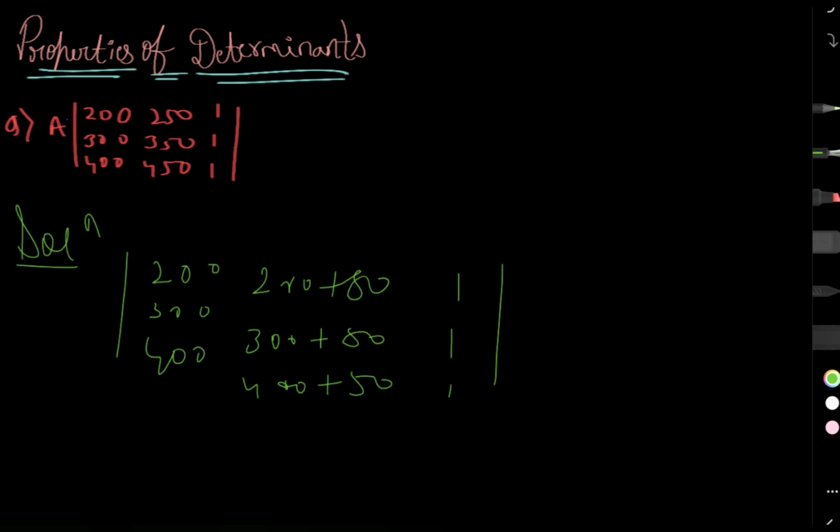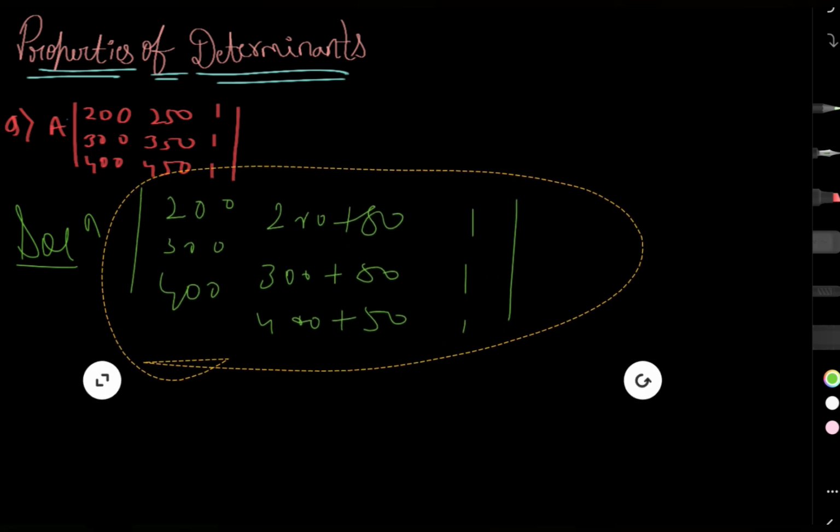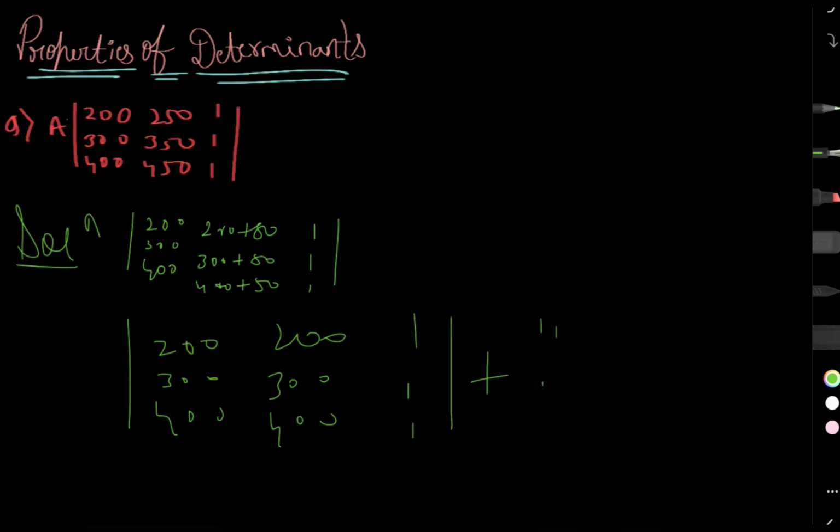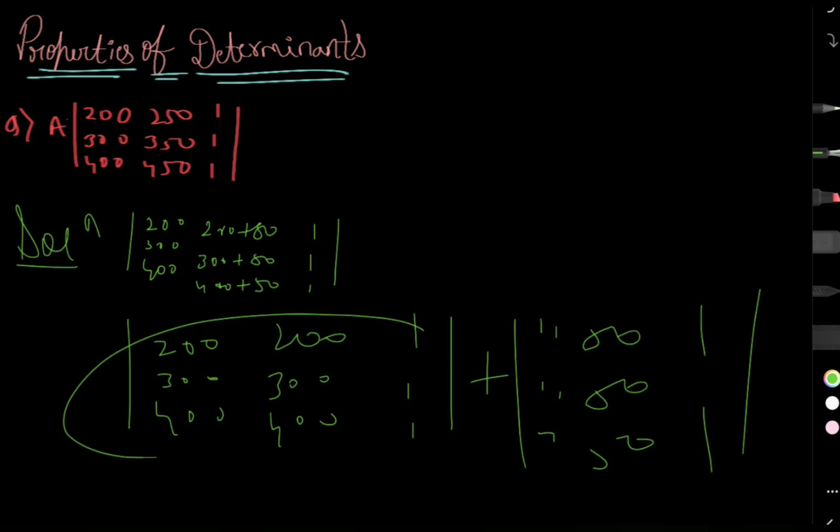Now by applying the property we have just studied, I can write it as 200, 300, 400, 200, 300, 400, 111, plus again 200, 300, 400, 50, 50, 50 and 111. This first value will be 0.